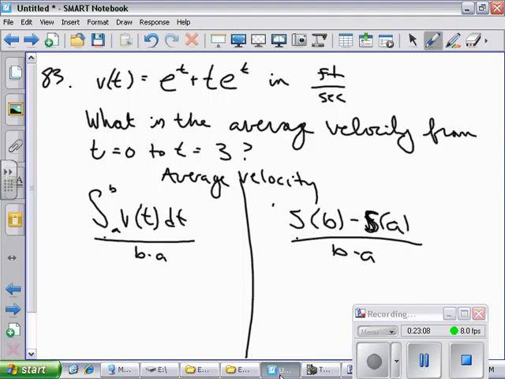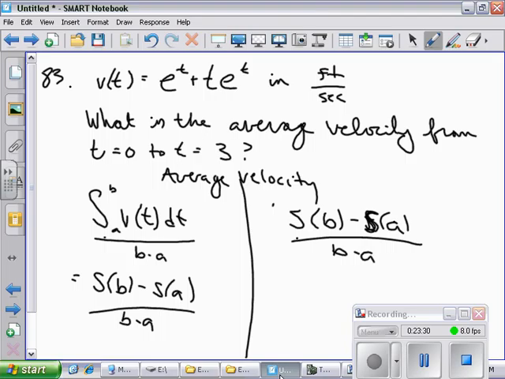If I asked you to take the definite integral, what's the first thing you have to do? Antiderivative. What is the antiderivative of velocity? It's the position. And then you would plug in the b, and you'd plug in the a. So it is the same thing, okay?